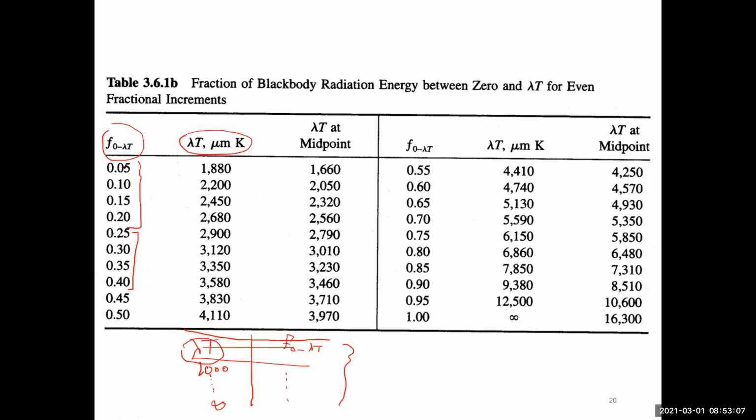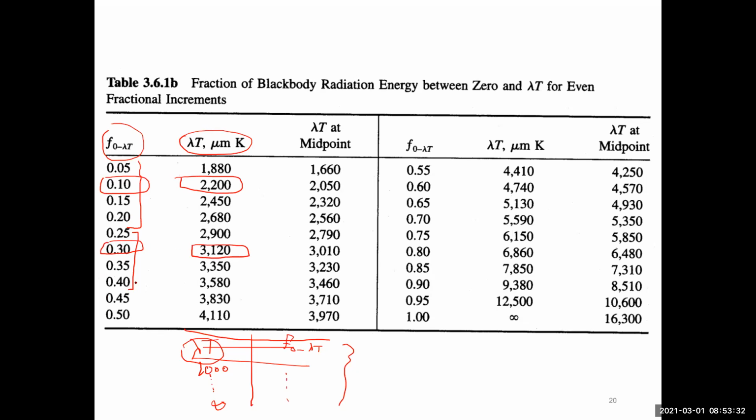The midpoint here, going from 0 to 20, is 10. So we're going to take this one and the corresponding value of lambda T. And then going from 2 to 4, the average value is 3.3. So we're going to consider this one and the corresponding value of lambda T.